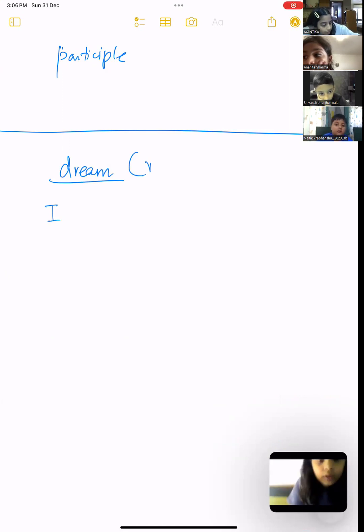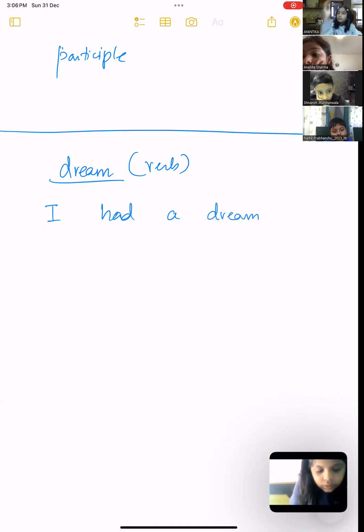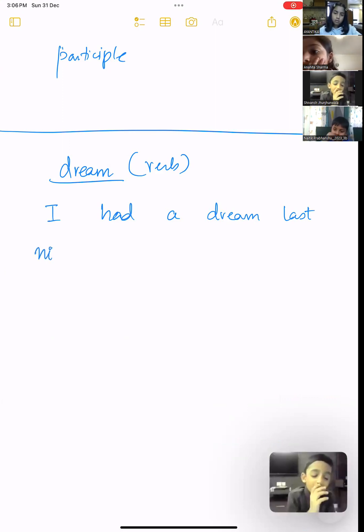Now, this is a verb. Mind it. Kian, be careful. This is my sentence, no copying. Yes, Shivansh, you write your sentences in the chat box. पूरा एक साथ लिखना, okay?